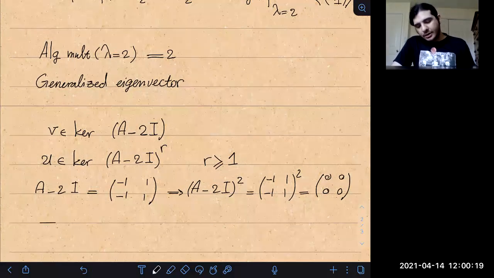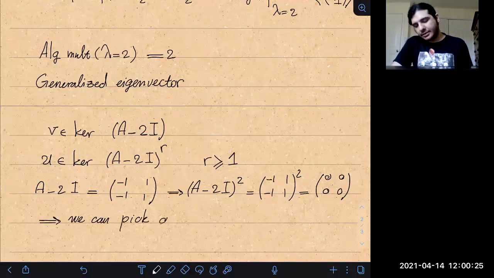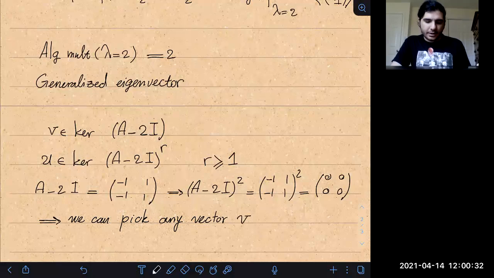So here we can pick any vector. I used V for the other one, so maybe I use v1 for the previous vector and v2 for this vector.